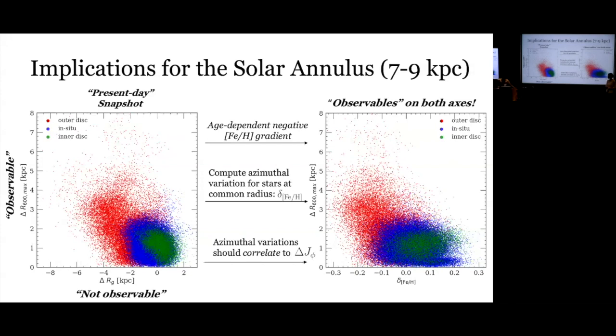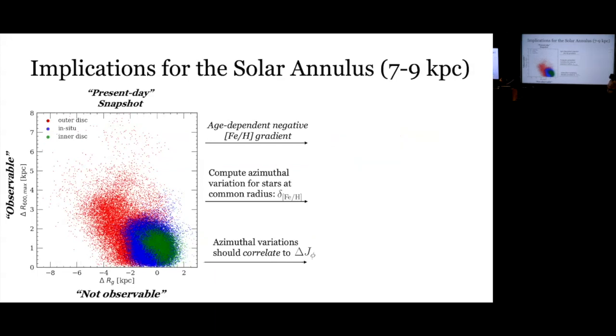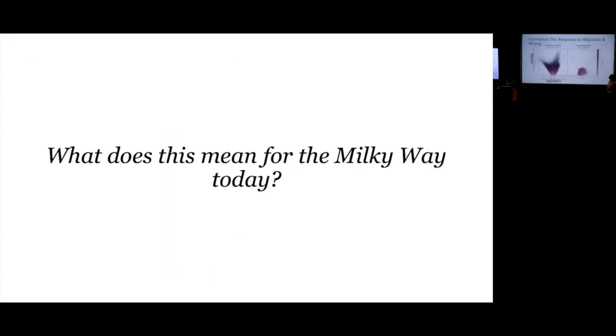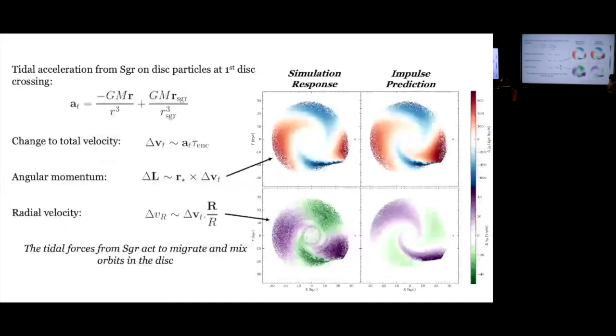Yes, great question. If you go back to these plots here, which show the simulation response to these past encounters and also the impulse prediction, the areas of the disk which experience significant changes in angular momentum also tend to correspond to the areas that experience the greatest amount of change in their radial velocities.